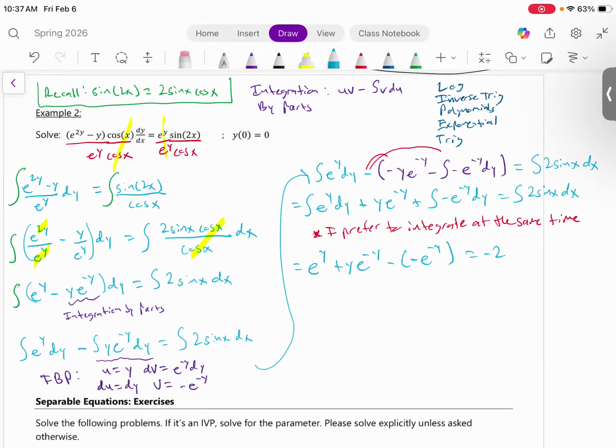And then this would be negative 2 cosine x plus c. And so let's clean this up a bit. Let's cancel out those negatives. e to the y plus y e to the negative y plus e to the y, or excuse me, negative y equals negative 2 cosine x plus c.